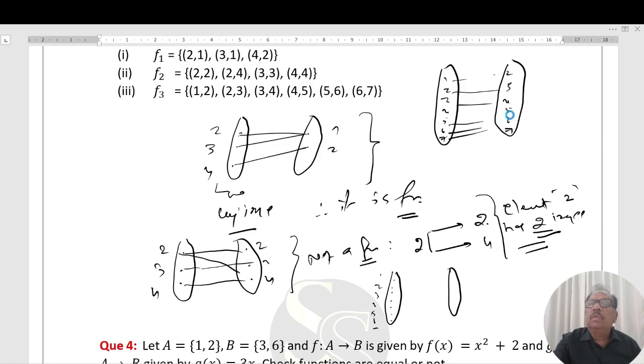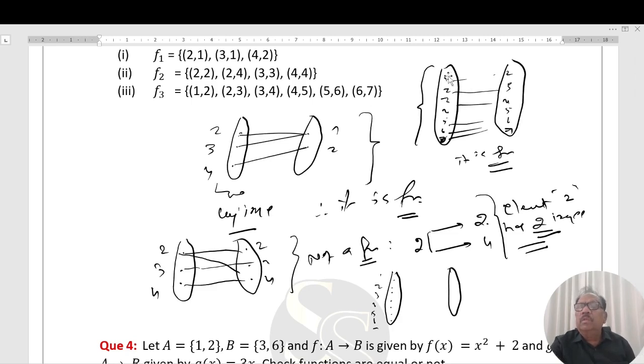Means 1, 2, 3, 4, 5, 6. Here 6, 7 is not there. Means every element is occupied here, and each element has a unique image. Therefore, it is a function. For the essential condition of a function, each element should have a unique image, right?